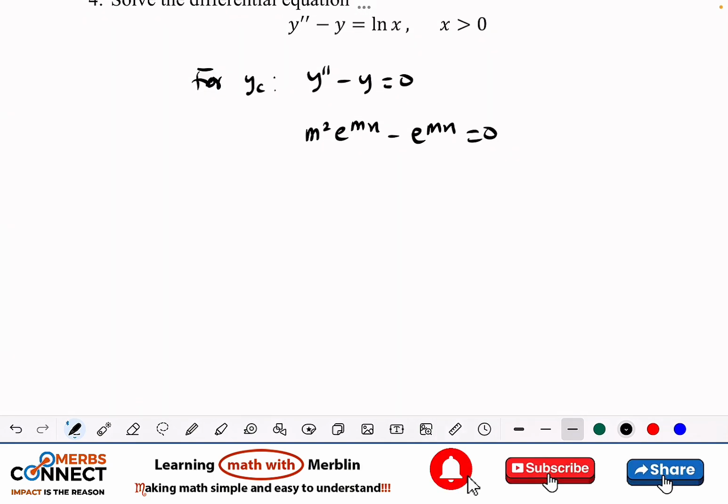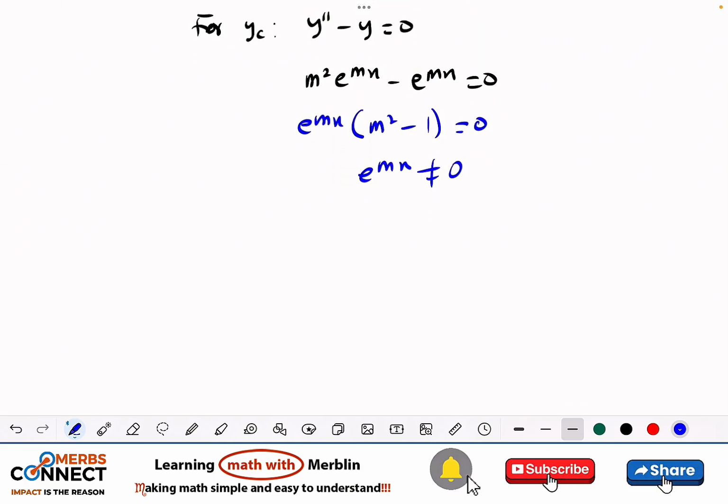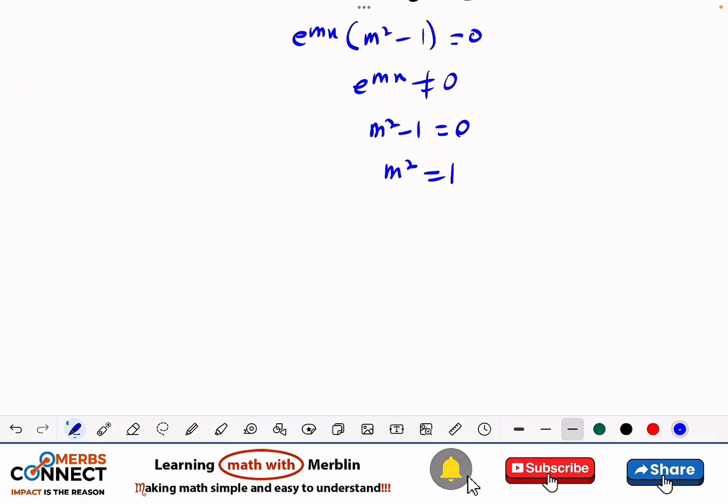So we know how to do it, and then we know how we came about it. So e to the power mx is never 0, right? And then we have m squared minus 1 is equal to 0, and then m squared is equal to 1. Take square root on both sides, and m will be equal to plus or minus 1.